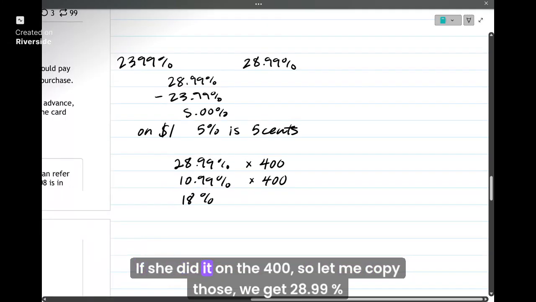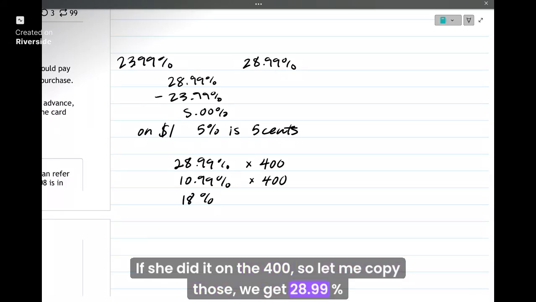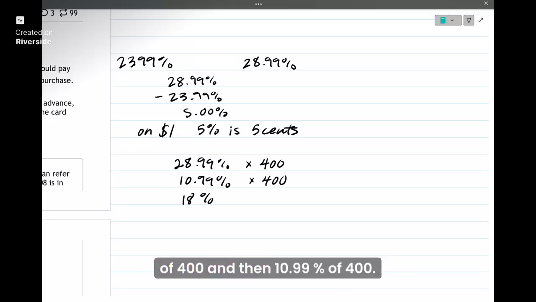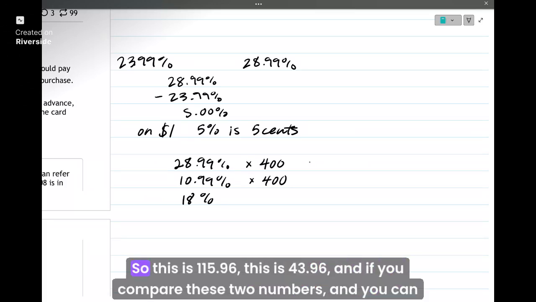If she did it on the 400, so let me copy those, we get 28.99% of 400, and then 10.99% of 400. So this is 115.96. This is 43.96.